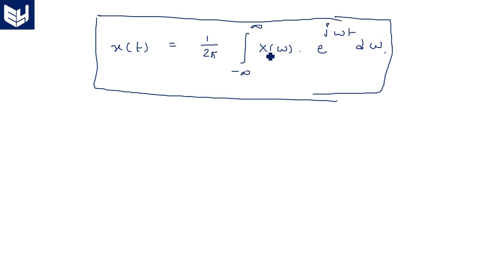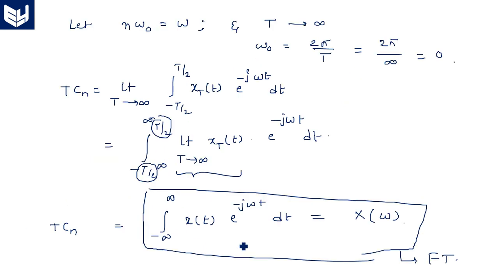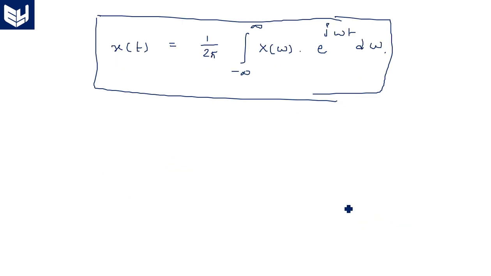So X of omega is nothing but integral minus infinity to infinity x of t e power minus j omega t dt, and x of t is the inverse Fourier transform. Again, I will write the Fourier transform.